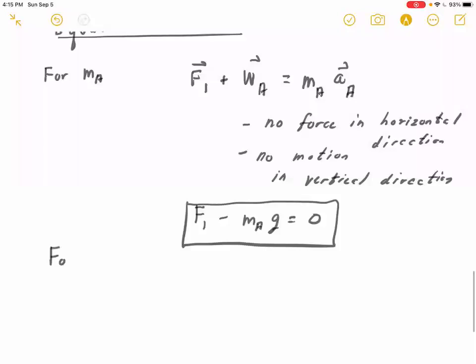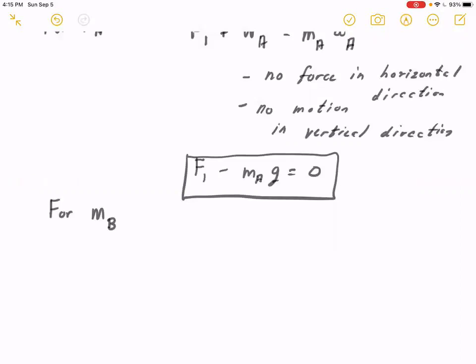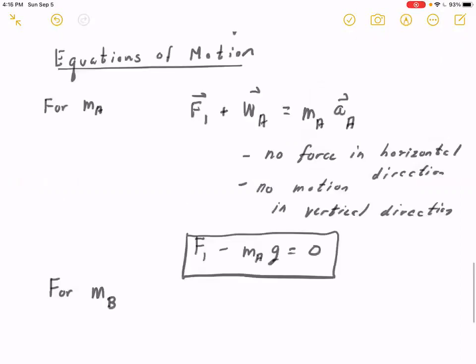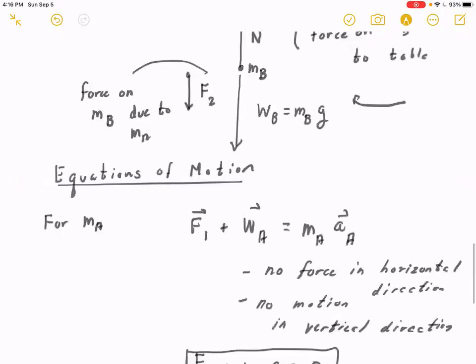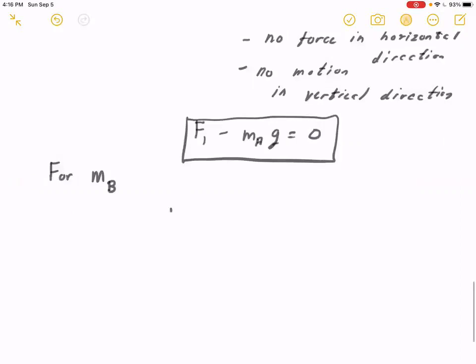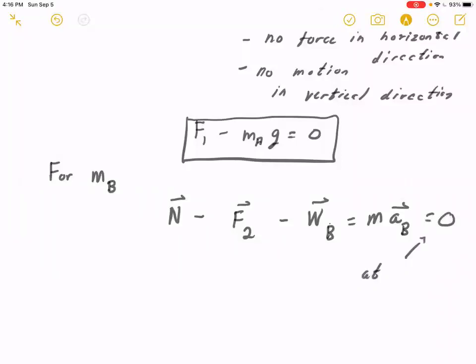Now, let's focus our attention on M sub B. Well, that is this system here. So there are three forces acting on it. There's a normal force. There's a force F sub 2. There's a force due to gravity, W sub B. Again, this equals the mass times an acceleration. But again, the mass is at rest.